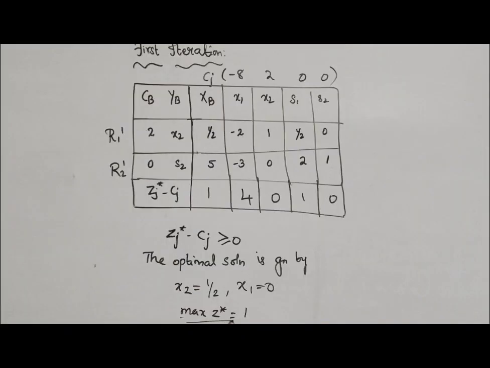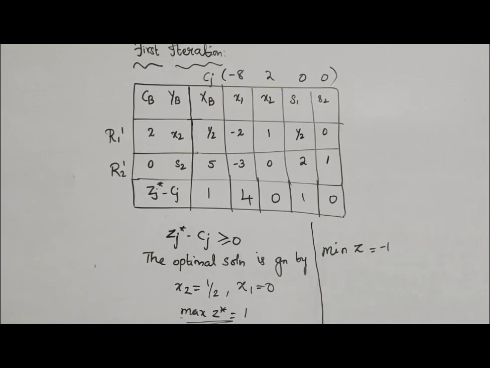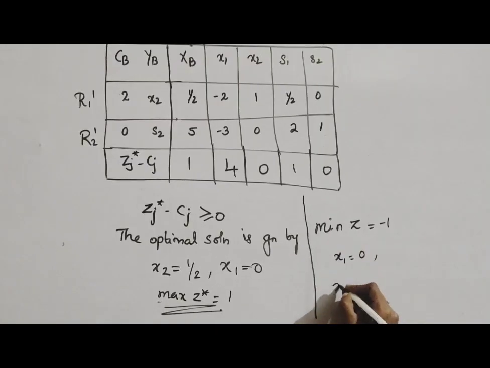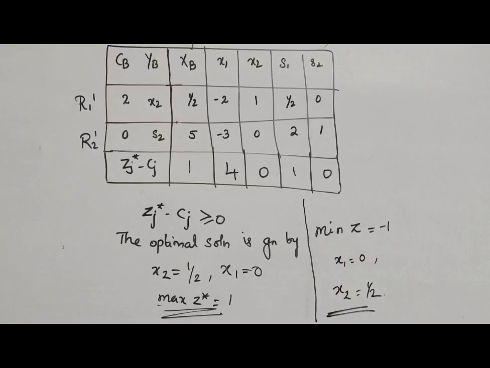But in the question, it's given that we have to find the minimum z, right? Therefore, the minimum z can be written as minus 1. x1 is equal to 0 and x2 is equal to 1 by 2. This is the final answer, right?